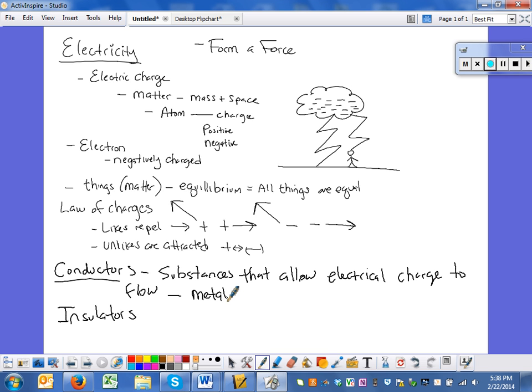And also, insulators are actually the opposite. These are substances that restrict the flow of electricity.